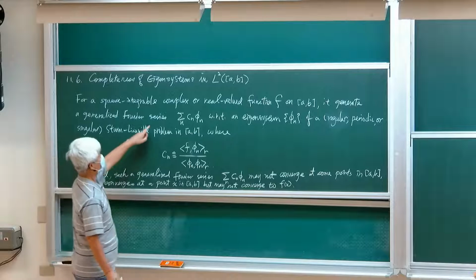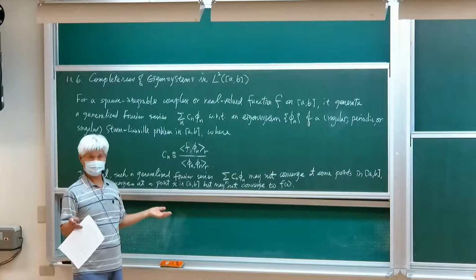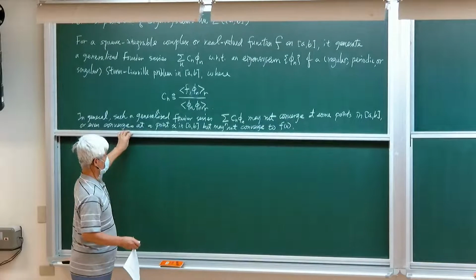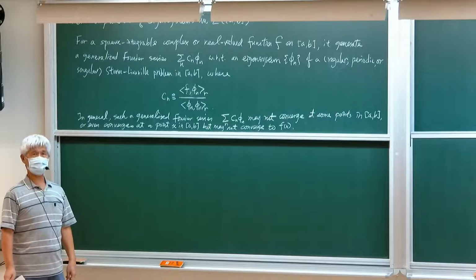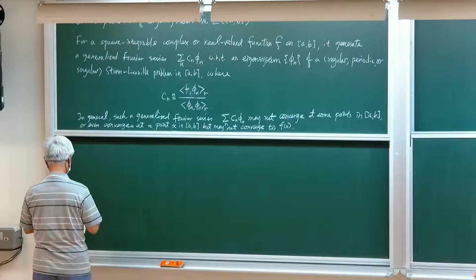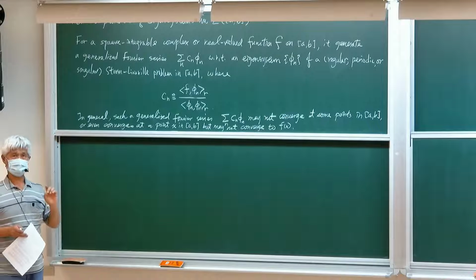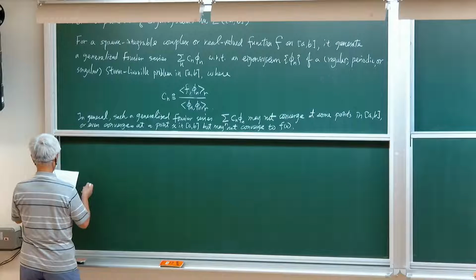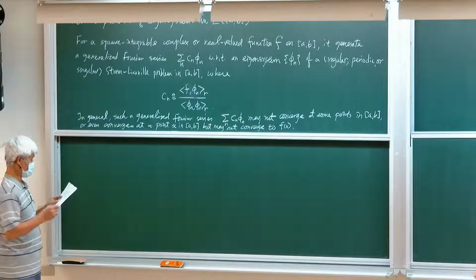But if f is just square integrable, because a square integrable function may not be piecewise continuous in general, we might not have a convergence theorem in terms of pointwise convergence or even uniform convergence. So in this section we will develop a sense of convergence, which will be called convergence in square mean, defined later.